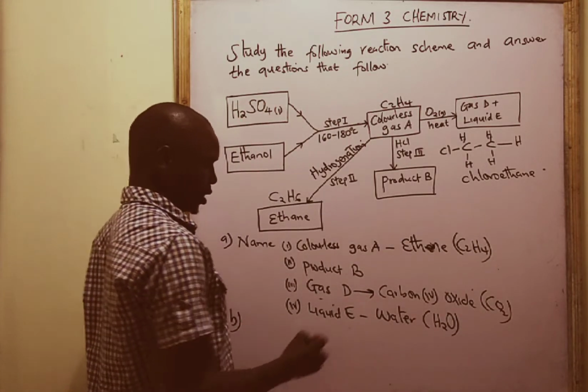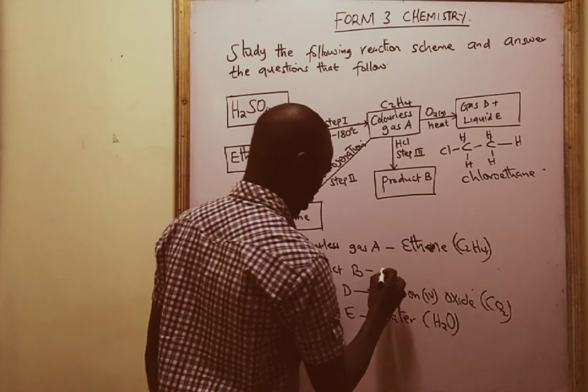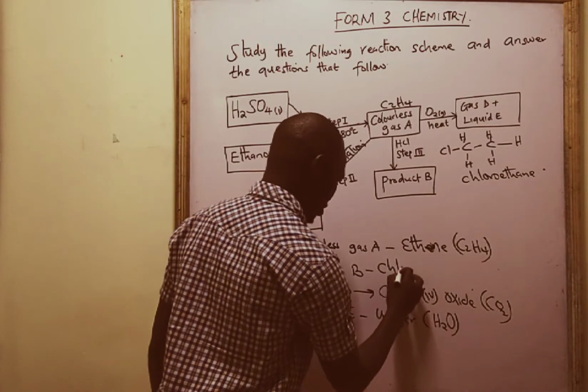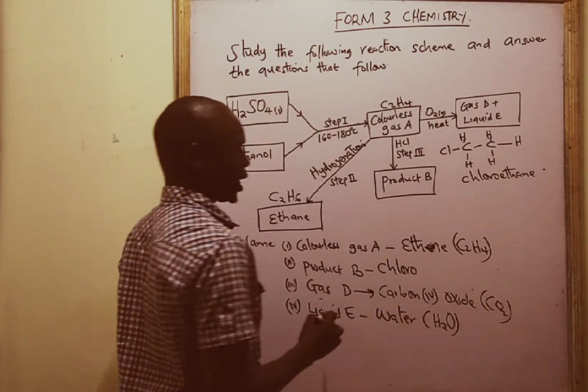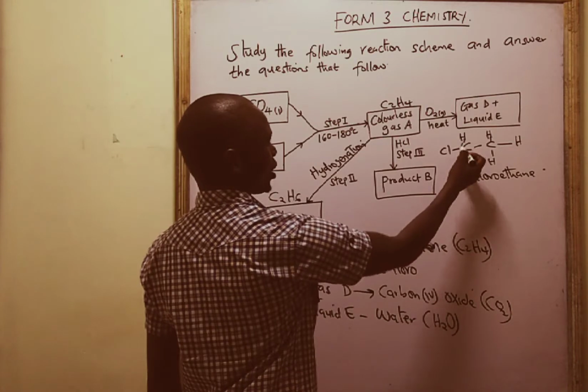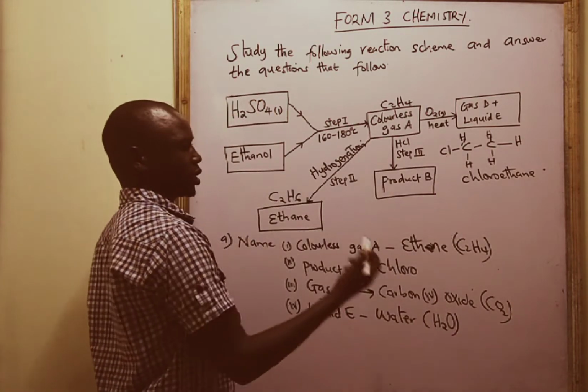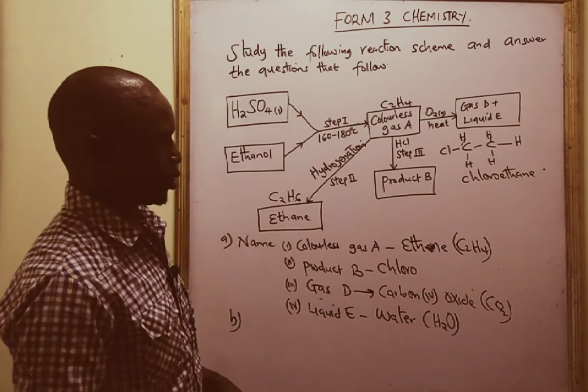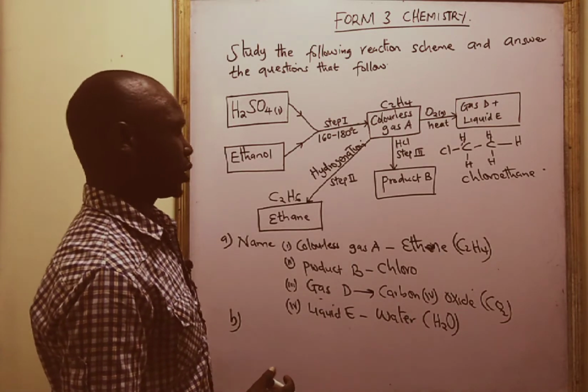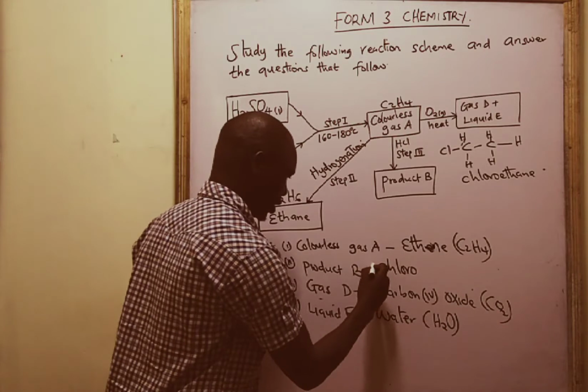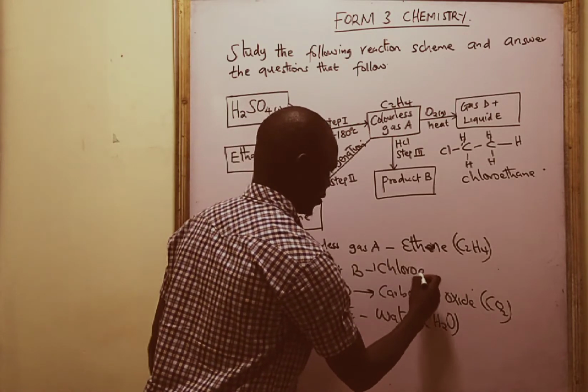Product B is chloroethane, or simply 1-chloroethane. Since we have 2 carbon atoms in the longest continuous chain, and in carbon number 1 we have chlorine, we are going to have 1-chloroethane.